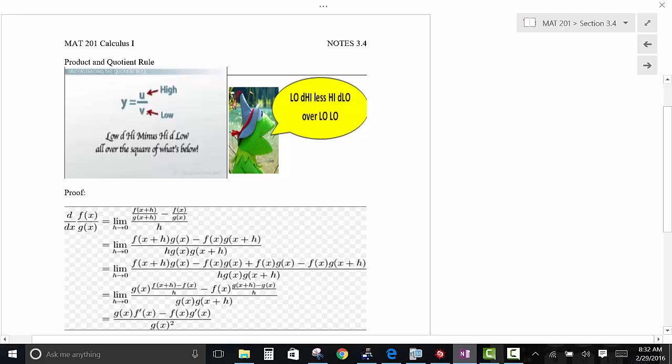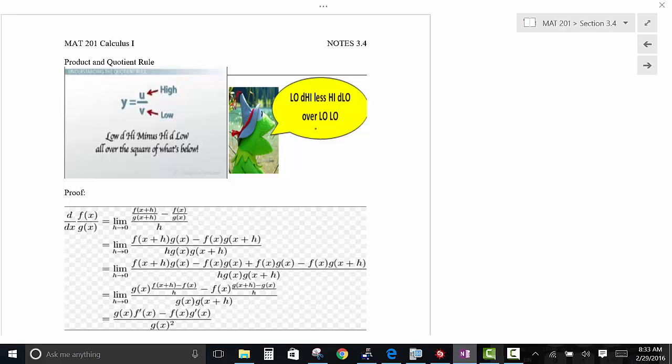So low d high, d standing for derivative. Then minus, or less, the top times derivative of the bottom, high d low. Then over low low, which is the bottom squared. You could even make a rap out of that if you wanted to. Whatever sticks in your head, I don't care, you just have to know it.